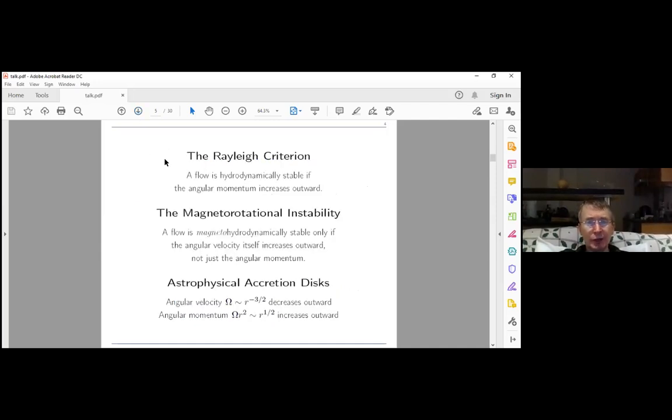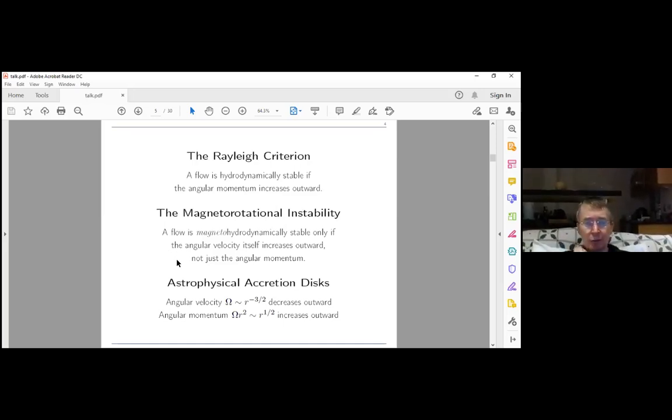Okay, so now let's look at something called the Rayleigh criterion also. The Rayleigh criterion says a flow is hydrodynamically stable if the angular momentum increases outward. Whereas for the magnetorotational instability, what we have is a flow is magnetohydrodynamically stable only if the angular velocity increases outward and not just the angular momentum.